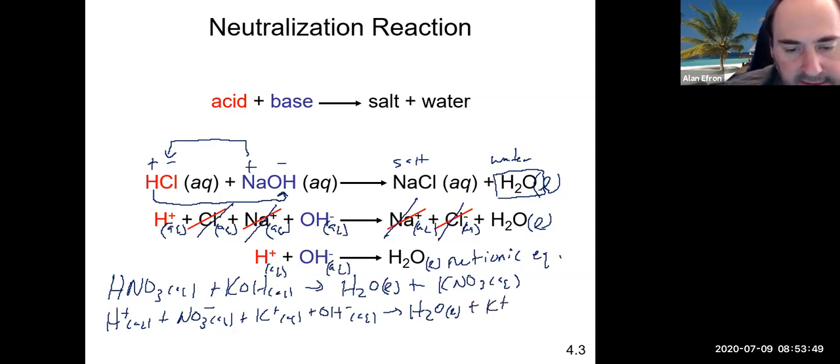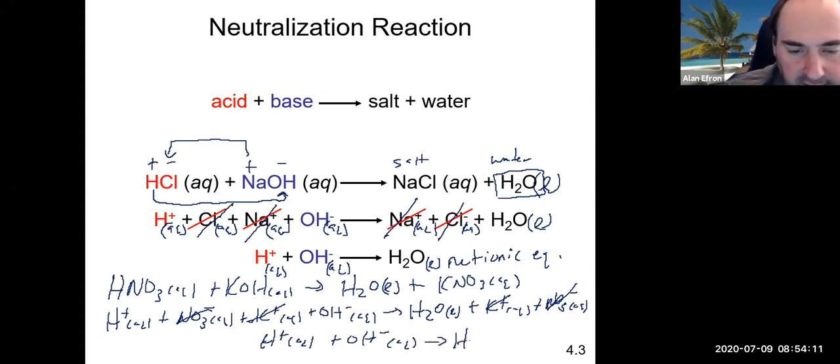Our K plus and our NO3 minus: NO3 minus on both sides, spectator. K plus on both sides, spectator. Look at that. We have H plus and OH minus, making our net ionic equation here of water.